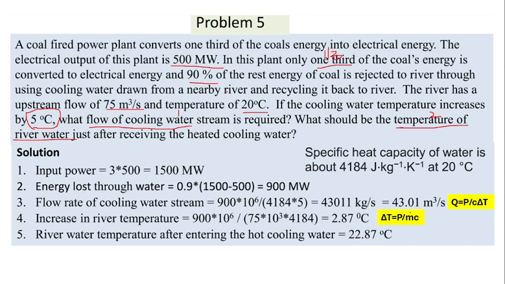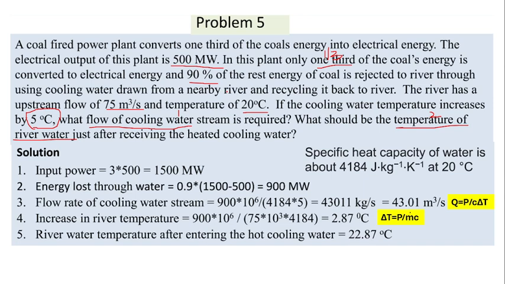In the two-third of the coal energy, 90% is being rejected into the river water through the cooling water mechanism. Whenever this energy is released into the cooling water, the river temperature is increased at a rate of 5 degrees Celsius. So the question asked is, what is the flow rate of the water stream required?